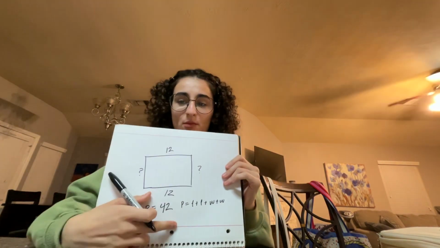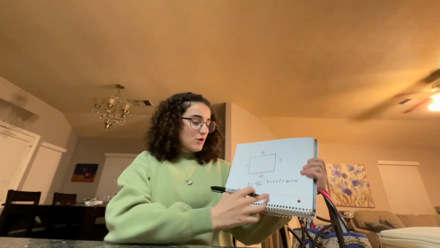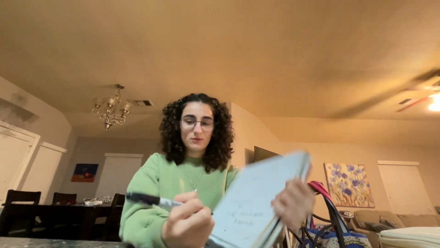Yes, it is all the sides together. Perimeter is length plus width plus length plus width. We already know one of those. So perimeter is equal to 12 plus 12 plus our 2 widths, right?